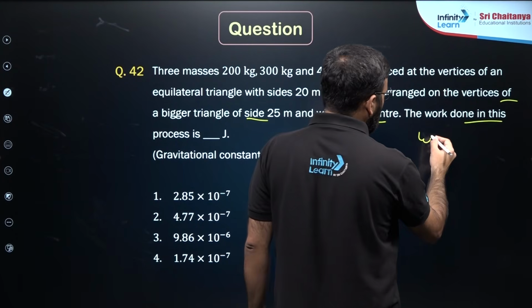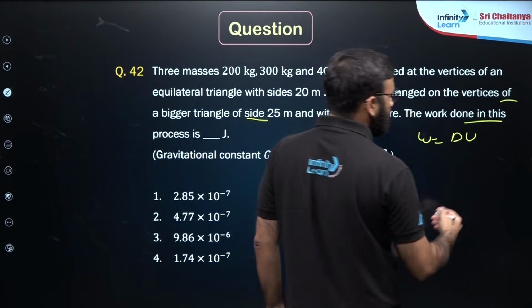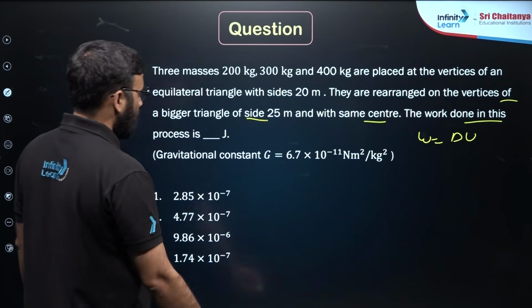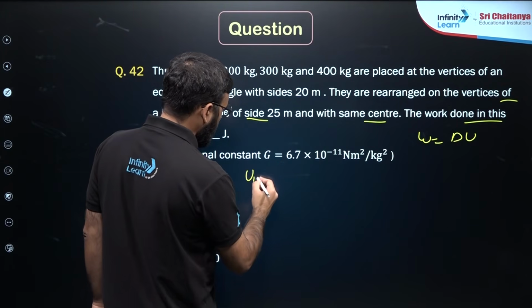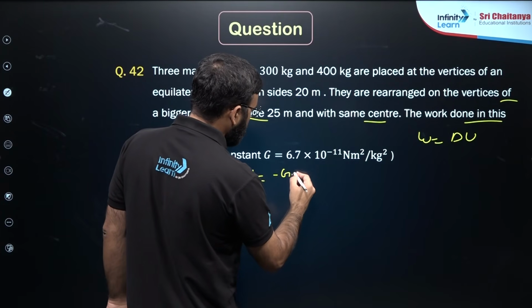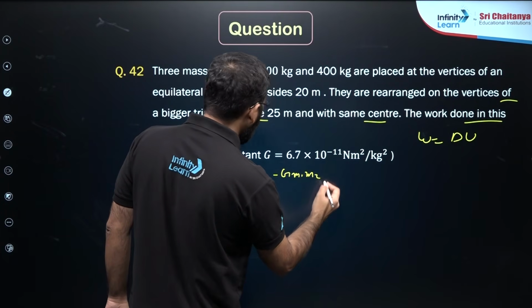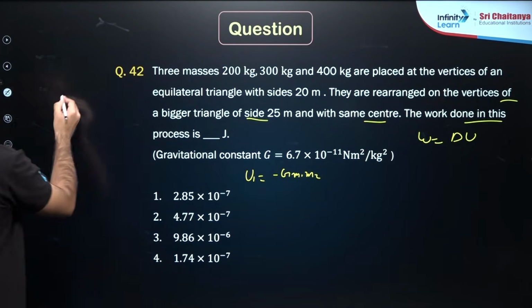W equals change in potential energy. So what is U1? I am writing the first formula, minus G M1 M2. I am just making one triangle here.